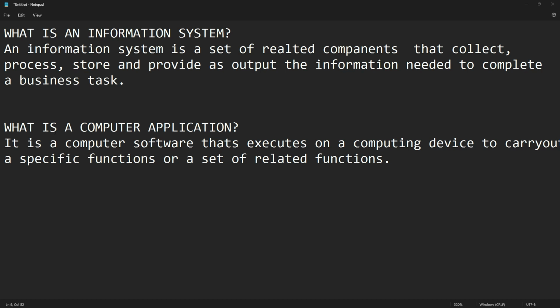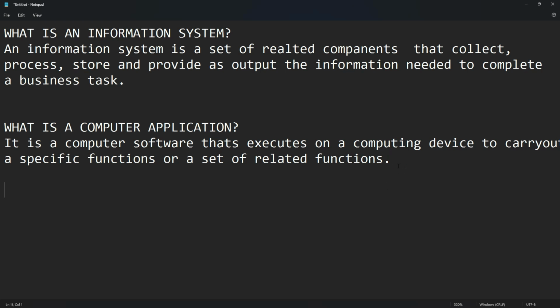System analysis consists of activities that enable a person to understand and specify what a new system should accomplish. It's very simple. System analysis has to do with what the system should accomplish. So what is the system I'm going to build? What does it have to accomplish?